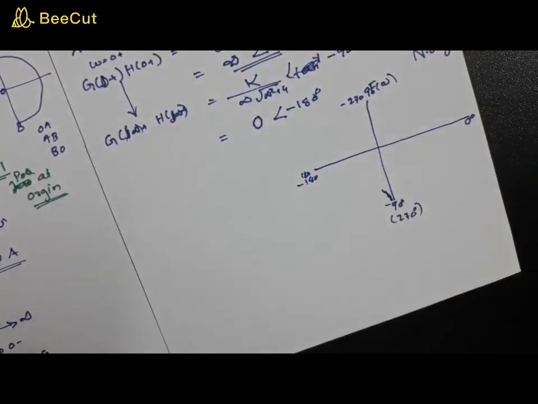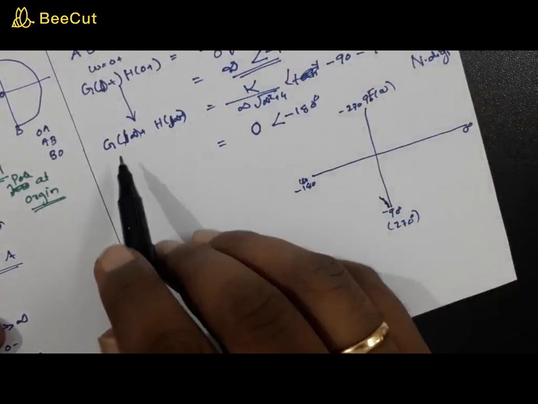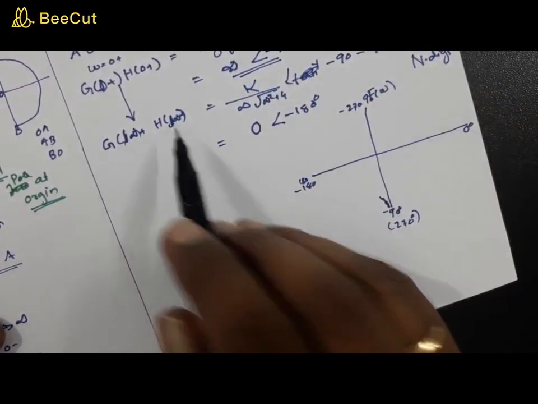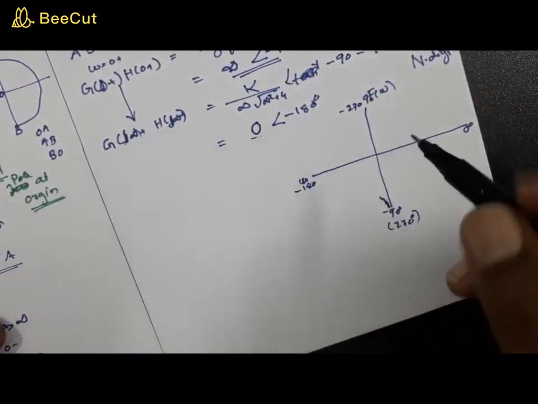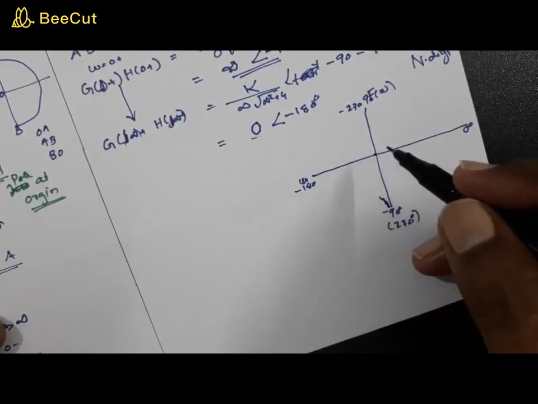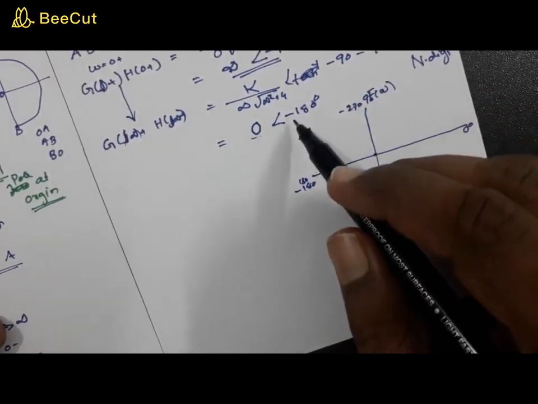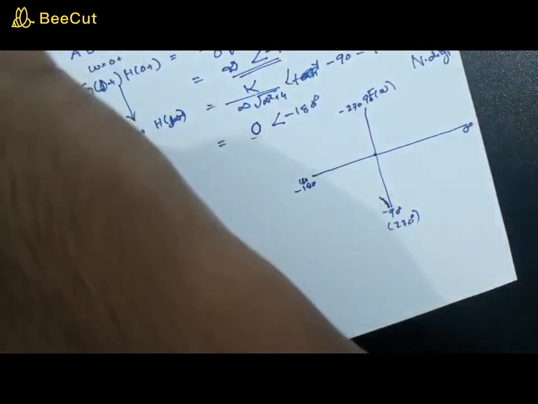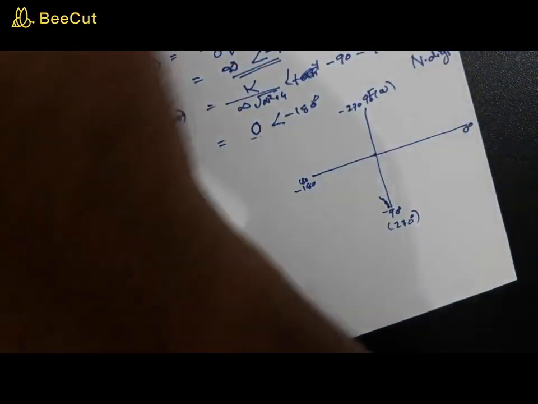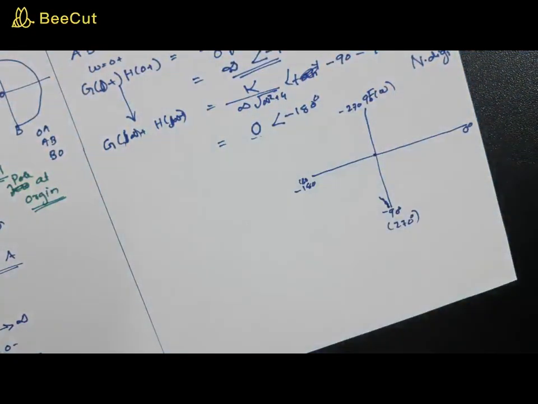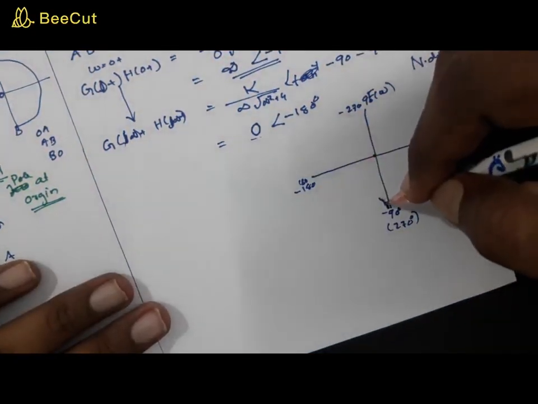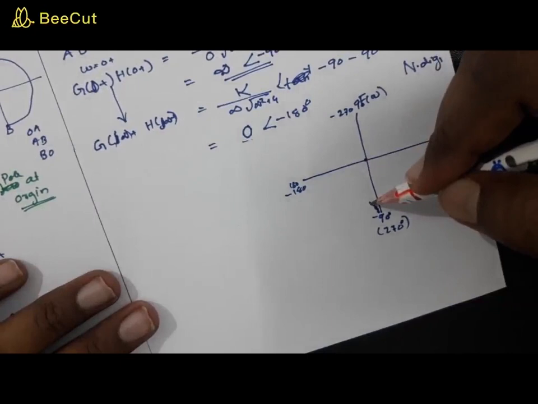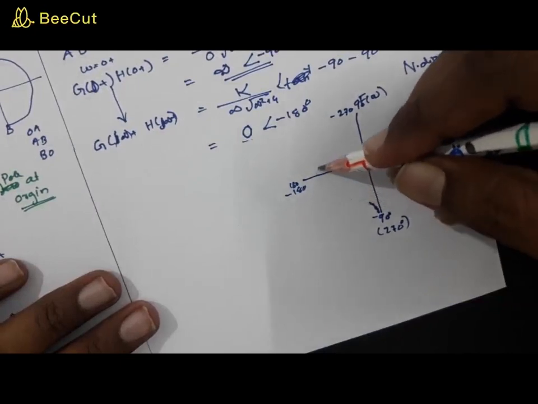Now what is the next thing? As omega reaches infinity, we found out that the magnitude reaches 0. 0 is the point over here, but the angle seems to be minus 180 degree. So one can think, say, I'll be using a pencil, one can think in this way. Say it starts from over here. We found out the starting point and the ending point, say something like this.